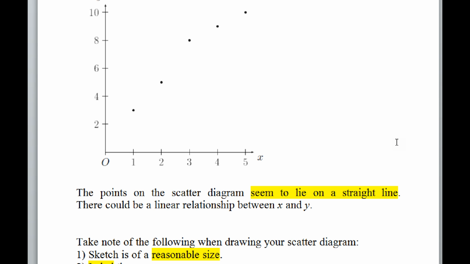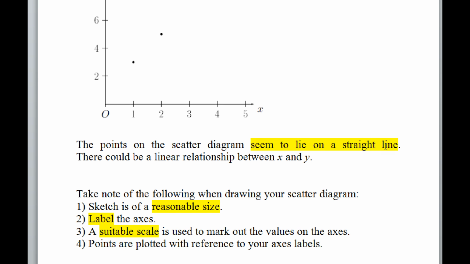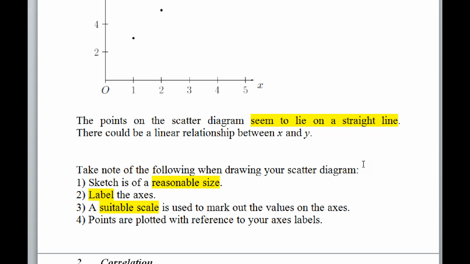Now, when the question asks for a scatter diagram or scatter plot, just make sure of the following 3 or 4 points. It is of a reasonable size. I mark your CT2 scripts, and some of you draw your graph 2 cm by 2 cm. How am I going to see? No such thing, reasonable size.